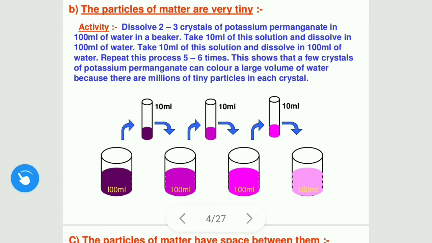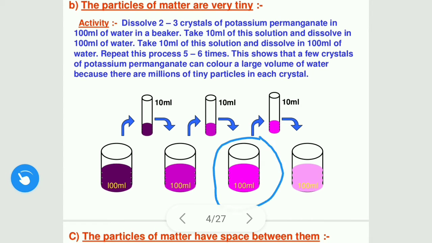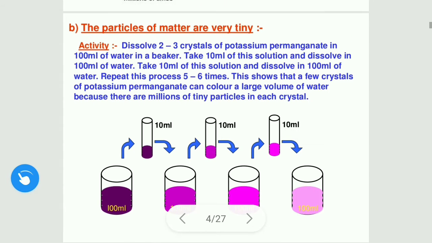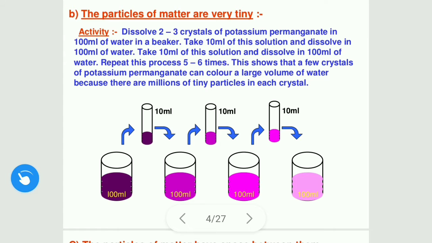Again do the same. By doing so, you will observe that the color of the potassium permanganate, that is dark violet, will turn to light pink. This shows that particles of matter are very tiny, and on disintegrating they will dissolve, so this color change can be observed.